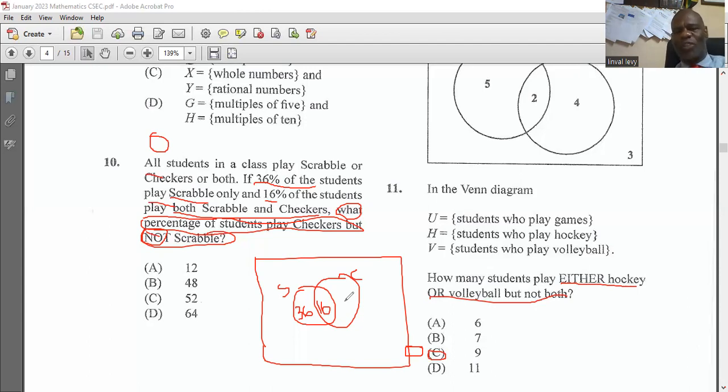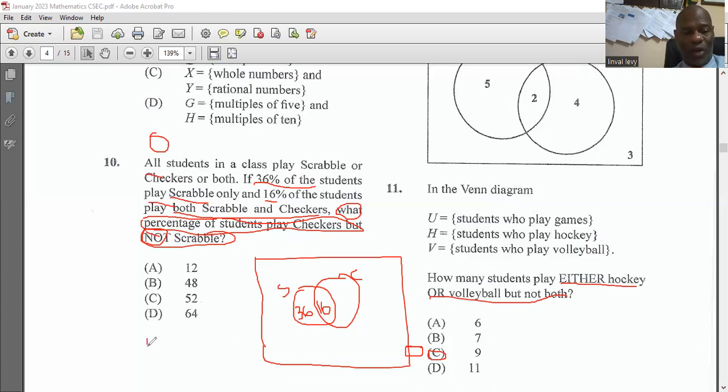So we know that percentage is out of 100. So we add what we know here, 36 and 16, and we subtract that from 100, because percent is out of 100.